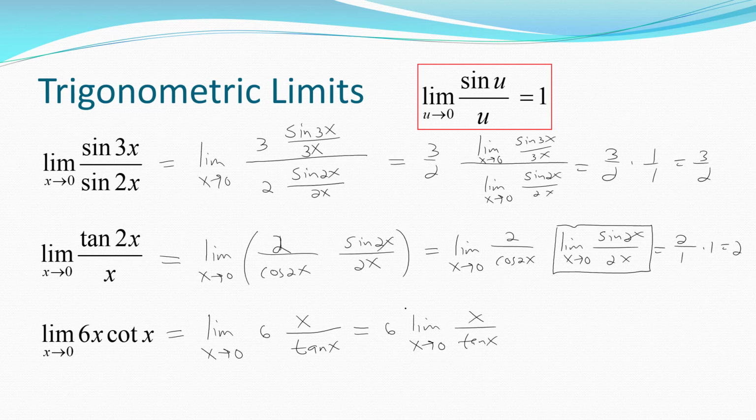And without much work, you should be able to see that this is actually something of this form, because it's the sine of an angle divided by a cosine of an angle. That's the tangent. It's just reciprocated. That limit then actually is 1. So that's 6 times 1. So in the interest of space, I'll just cut the work a little short. And that answer would be 6.